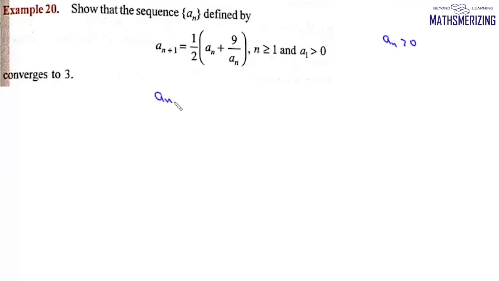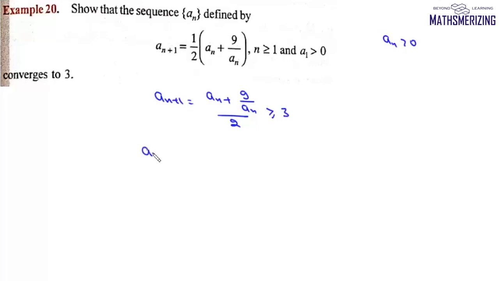If we write a_{n+1} as (a_n plus 9 upon a_n) by 2, then the arithmetic mean is always greater than or equal to its geometric mean, which is 3. So this a_{n+1} will be greater than or equal to 3.